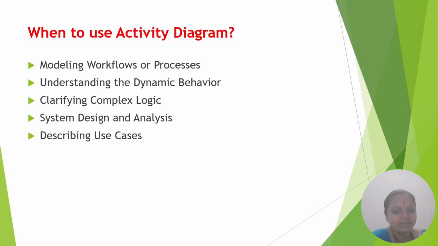During the system design phase of a software system, activity diagrams help developers and stakeholders understand how different parts of the system interact dynamically. And the final one is describing use case. They are useful for illustrating the flow of control within a use case, showing how various components of a system interact during its execution.